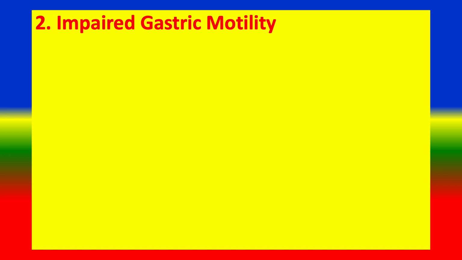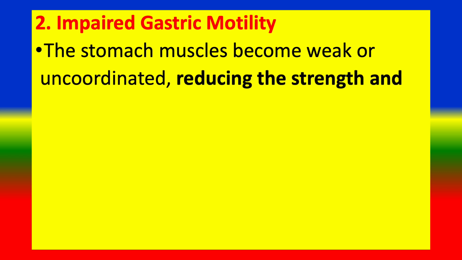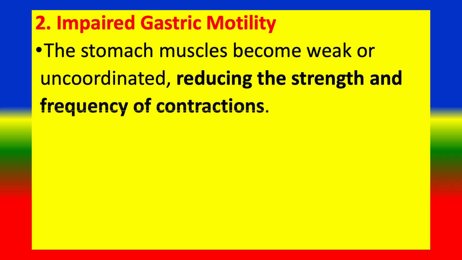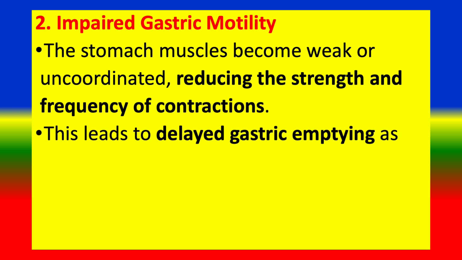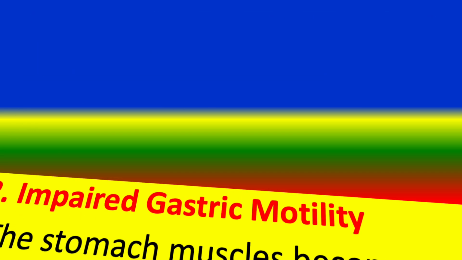2. Impaired gastric motility. The stomach muscles become weak or uncoordinated, reducing the strength and frequency of contractions. This leads to delayed gastric emptying as food remains in the stomach for an extended period. 3.